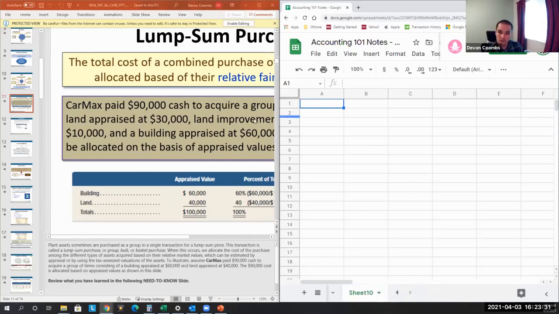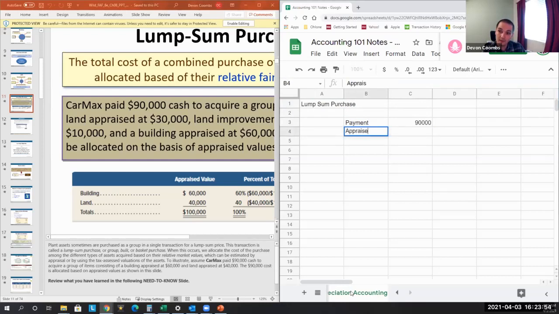And so here, our lump sum purchase. We'll call it depreciation accounting. And then we'll say lump sum purchase. So we know we're paying a $90,000 payment, 90,000.